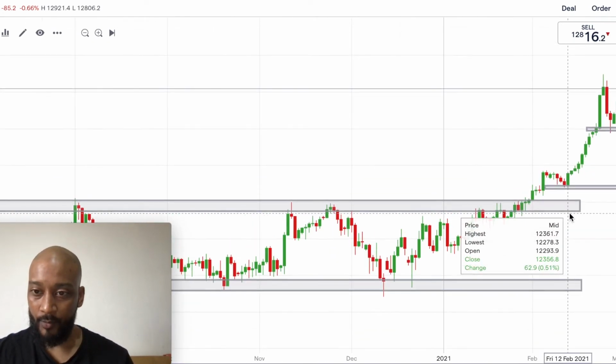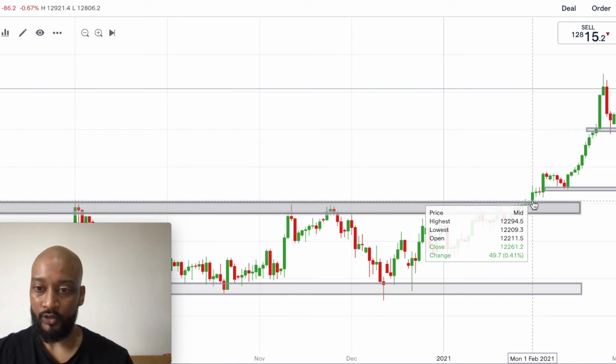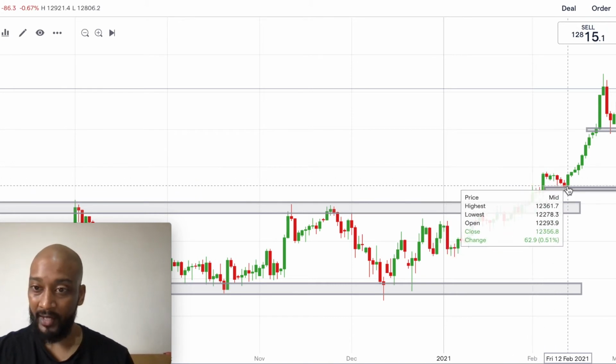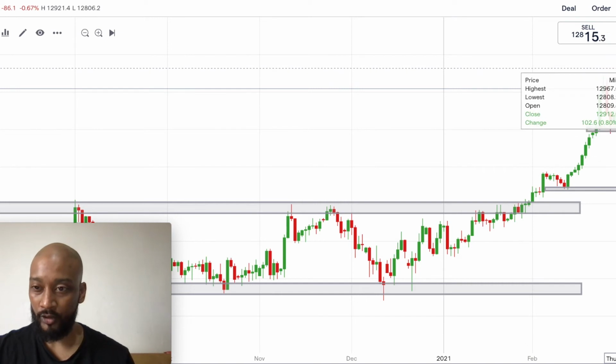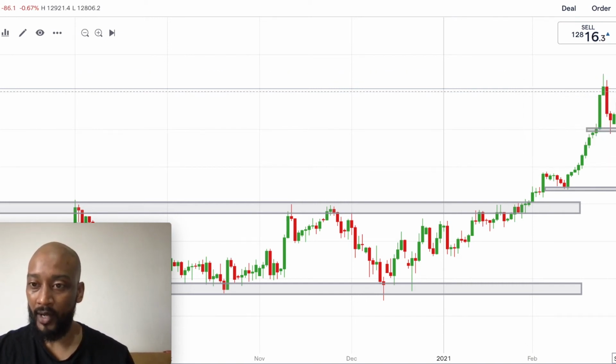However, at the beginning of February we broke out above the top of this range, and since then we went up, had a little pullback, and then it was off to the moon, had a little pullback, and then we've been streaming up again. As I said, great price to still buy Swiss francs up at 128.